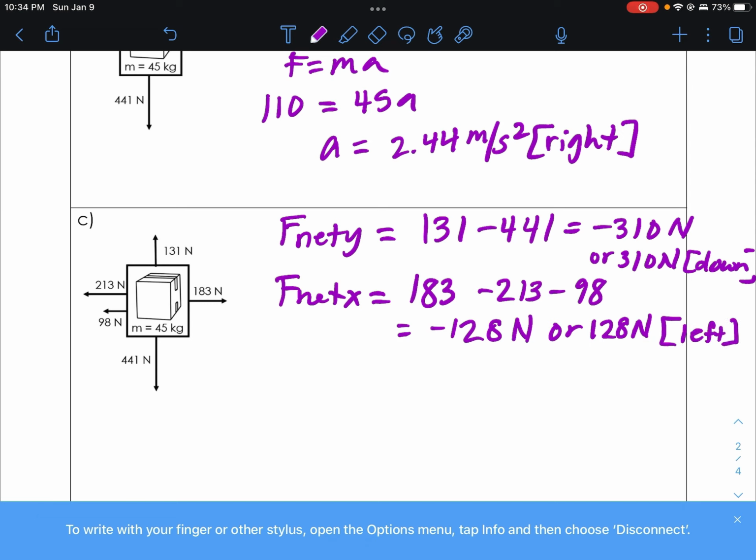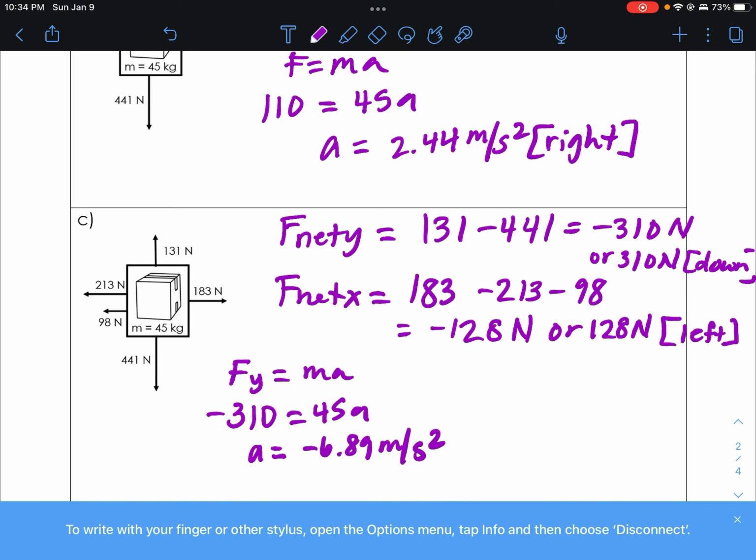Okay, so Fy equals ma. Negative 310 equals 45 times a. So a is equal to negative 6.89 meters per second squared, or 6.89 meters per second squared down.